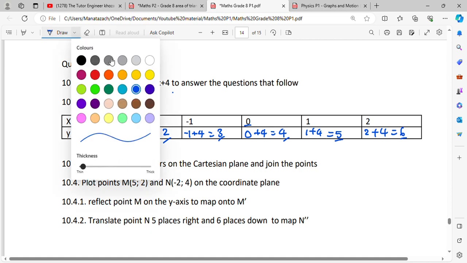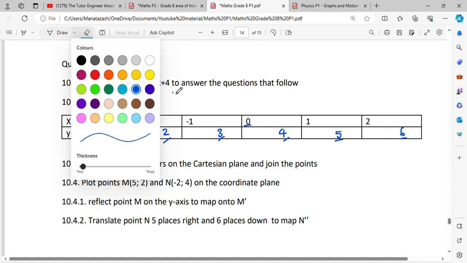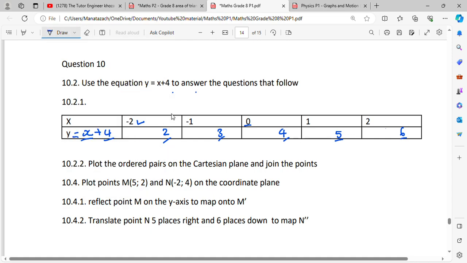So basically, this is what you're going to have inside the cells of the table. Okay, now let's go to the next question.